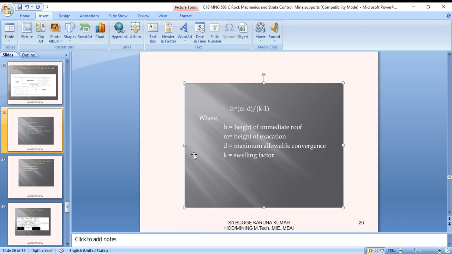So from this formula, the height h of the immediate roof can be calculated. This formula can be utilized for the purpose of calculating the height of the immediate roof.